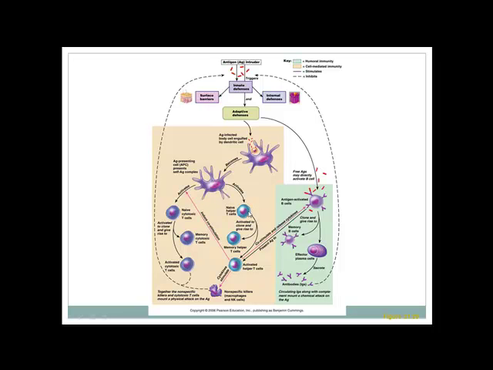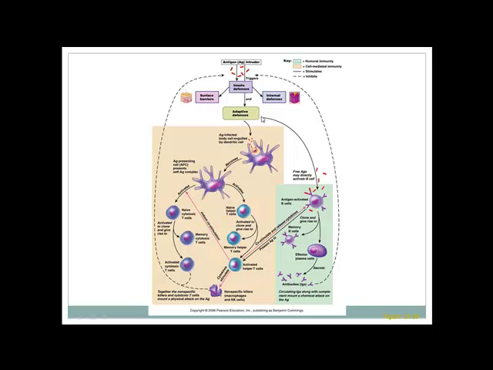It can help activate naive helper cells. So it activates naive helper cells, or it can activate a cytotoxic T cell. The naive helper T cell can go in, it makes memory cells, and it makes more helper T cells. That activated helper T cell can now go off and activate natural killer cells.